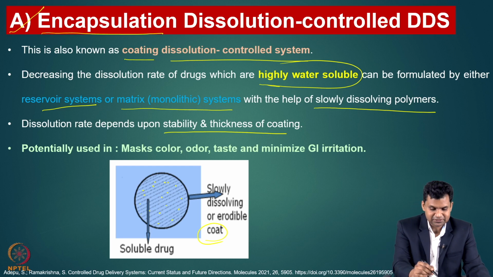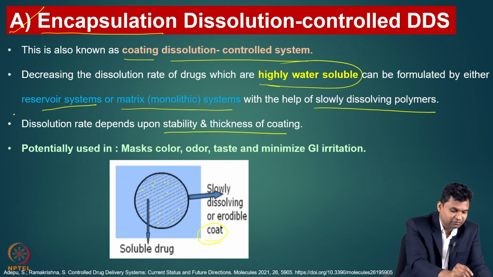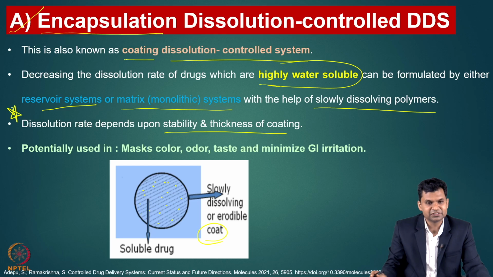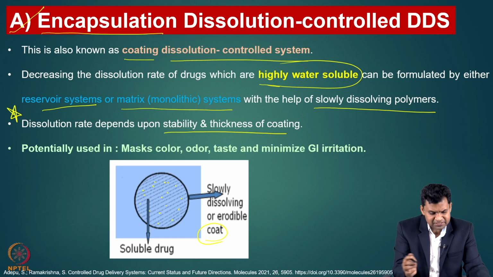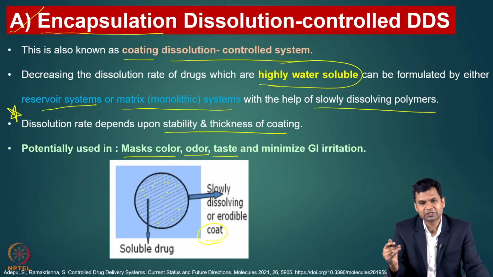That will control the release of highly water soluble drugs. And yes, the stability of the polymer is also very important, which helps to understand the dissolution rate. And as I mentioned, with this you can mask the taste and also the odor of the drug. Wherever you want to overcome the bitter taste of your drug, in such cases we can use the encapsulation method as a dissolution control parameter.